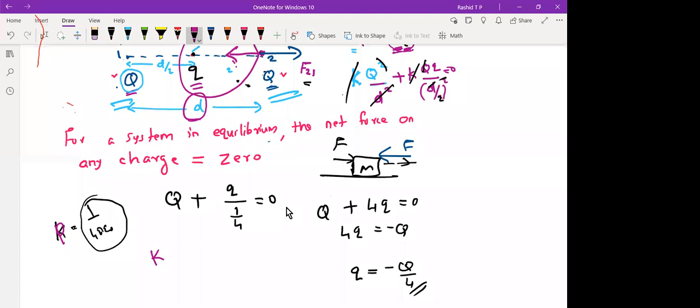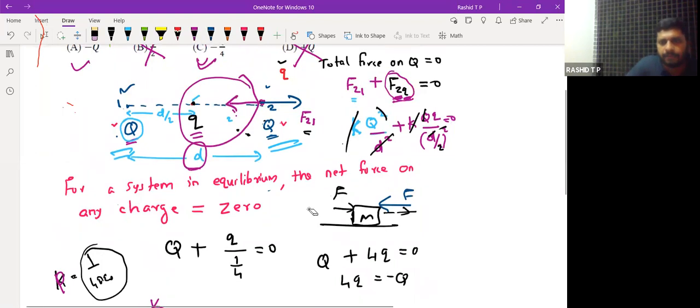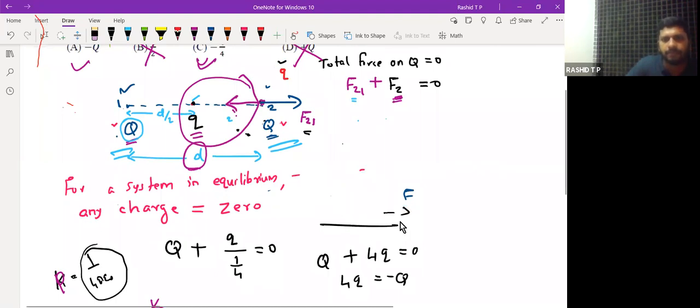Okay, can you tell me the next step after that step, because I didn't get it. Actually this is a numerical. What I have written is that F21 force, where instead of 1 by 4 pi epsilon 0 we have written k.